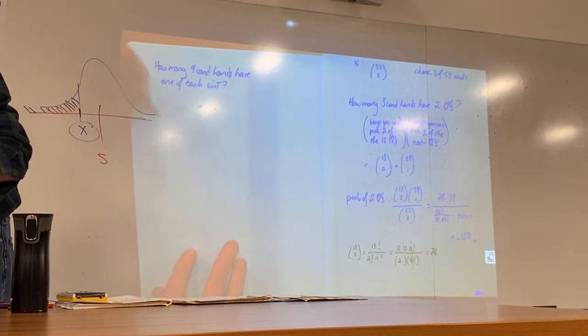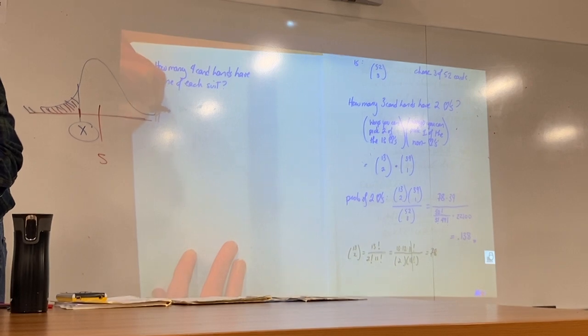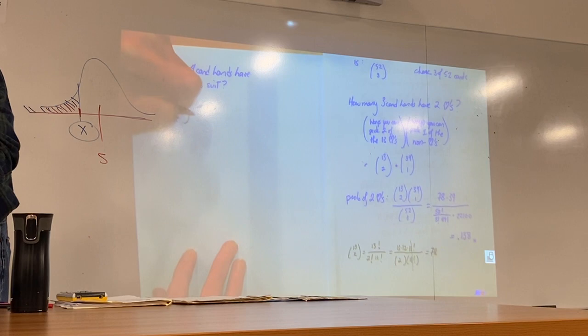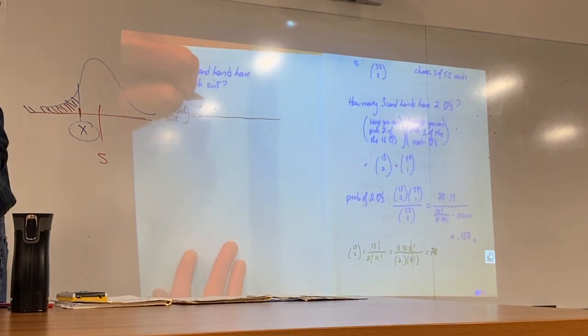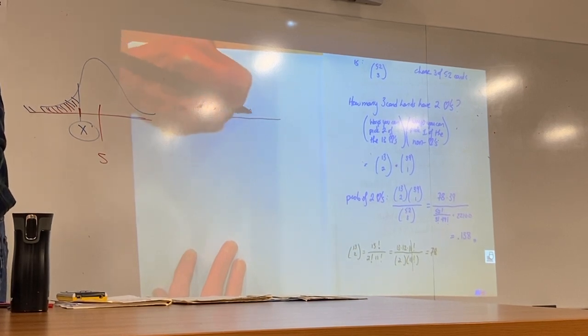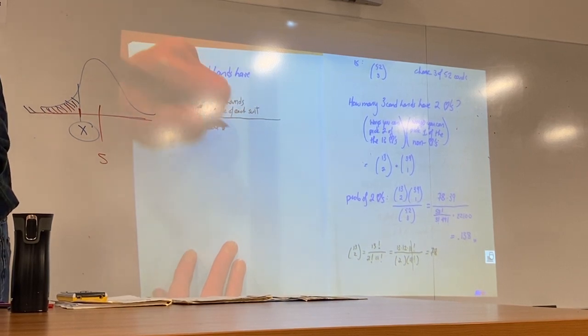And so the probability of one of each suit is the number of 4-card hands with one of each suit divided by the total number of 4-card hands.